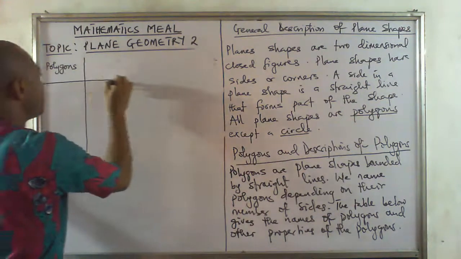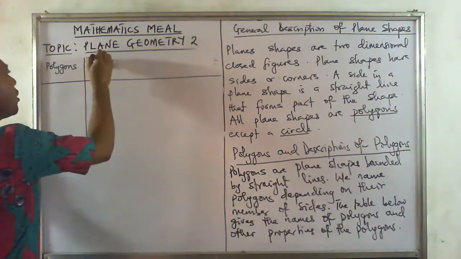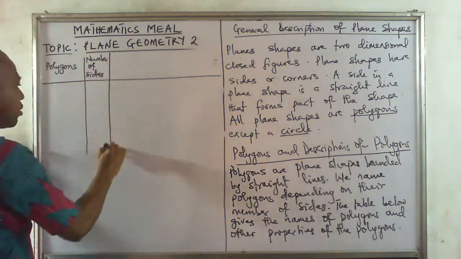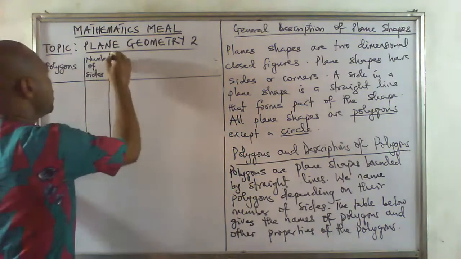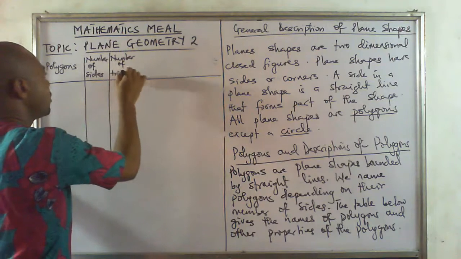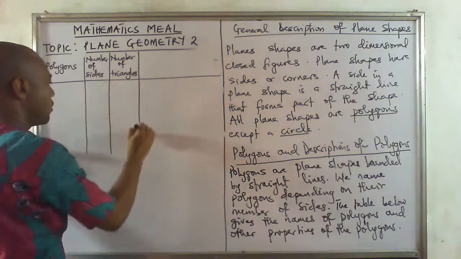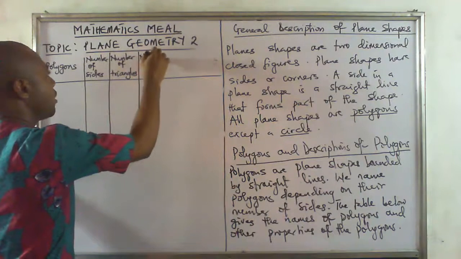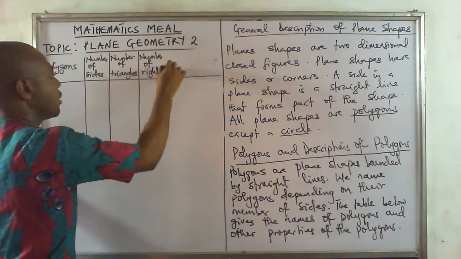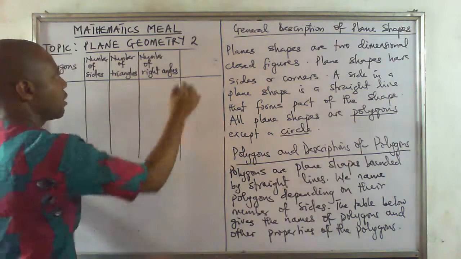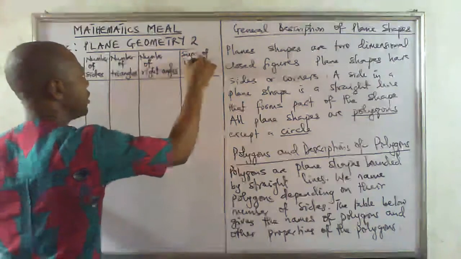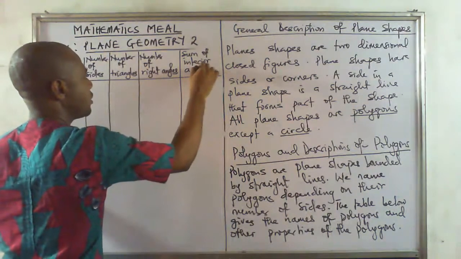Okay, let me put it this way: number of sides of the polygon, number of triangles, number of right angles, then let me also add sum of interior angles.